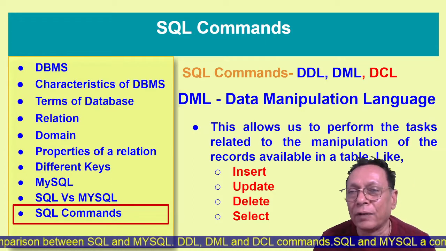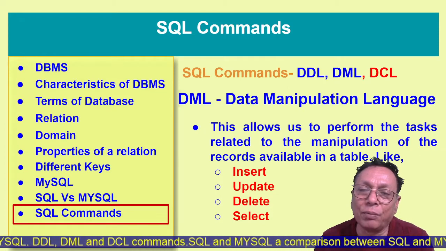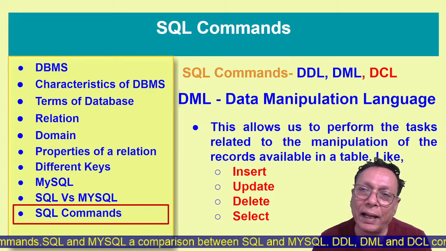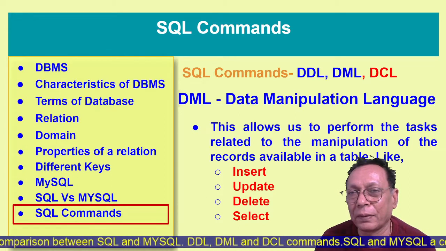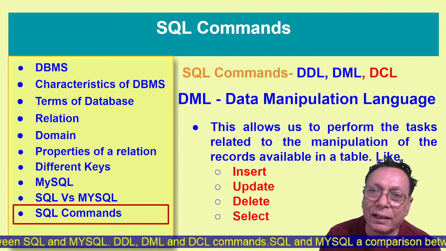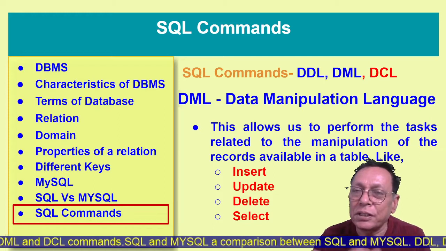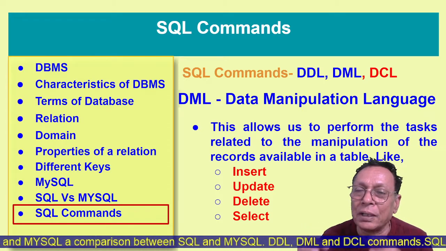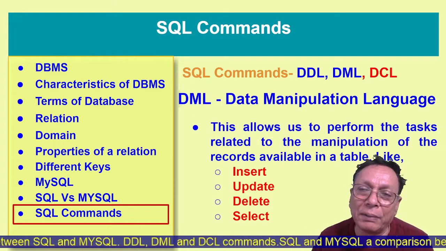And if you have data in your database and you want to change or modify the data of the database or the table, you will have to apply the update function. Similarly, if you want to delete an existing record of the table, you will have to use the delete function of the DML category.